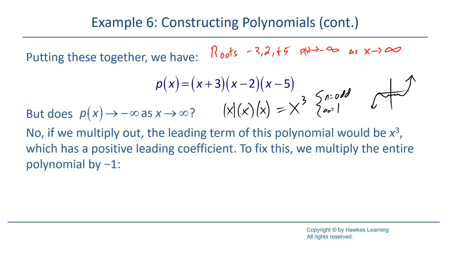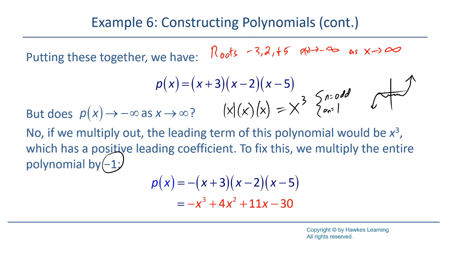So to course correct it, I need to just switch the direction. To switch the direction, I just multiply by -1. So I get p of x is equal to negative x plus 3 times x minus 2 times x minus 5. And if you multiplied it out, which you don't have to, you would wind up with this polynomial.